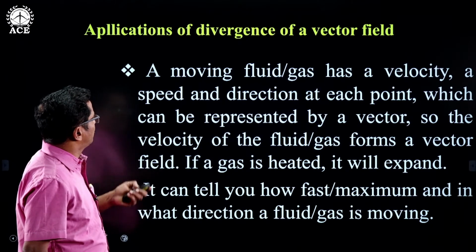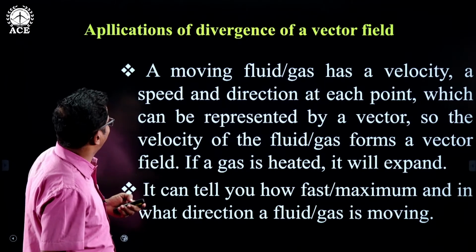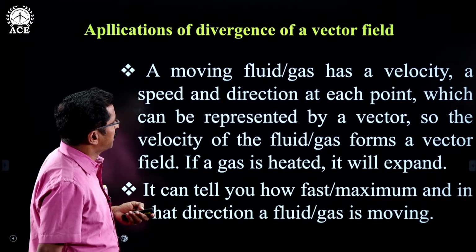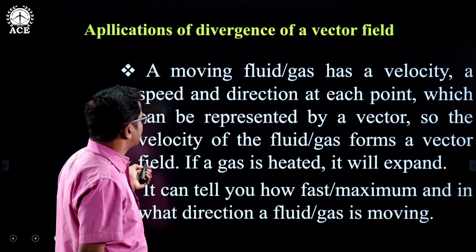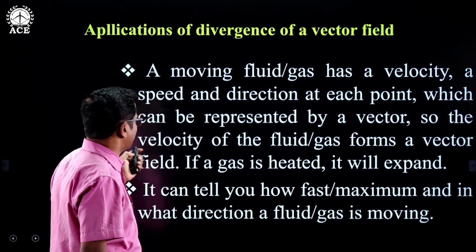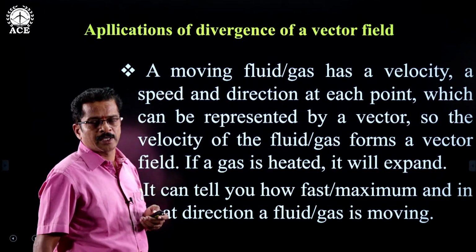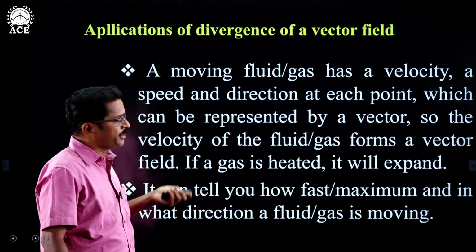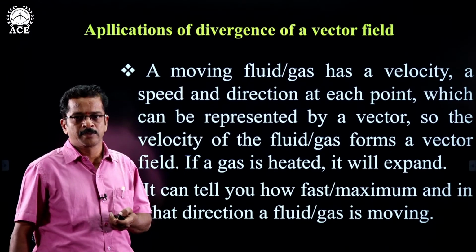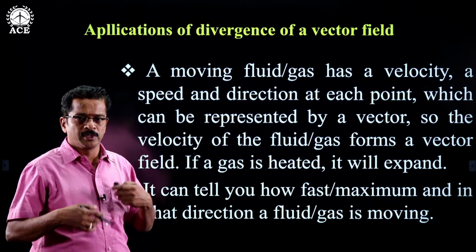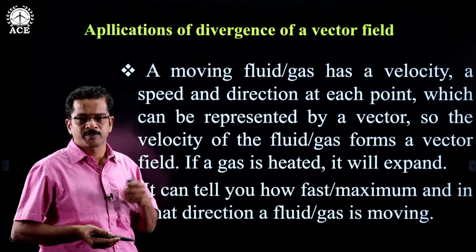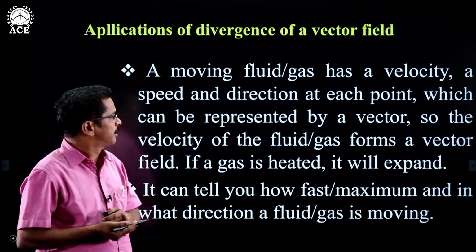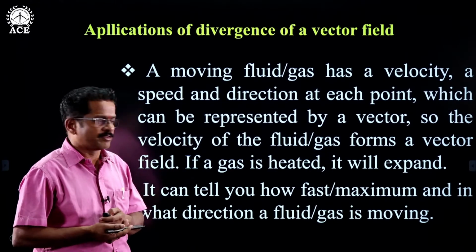Applications. A moving fluid or gas has a velocity, speed and direction at each point, which can be represented by a vector. So the velocity of the fluid or gas forms a vector field. It moves in some direction and has some velocity or speed, so that represents a vector field.